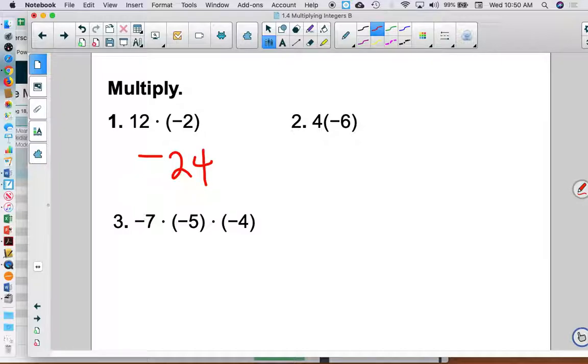4 times -6. Positive or negative? Negative. Negative what, class? Showdown. -24. Good. Do number 3 and put it alone on your whiteboard for me.